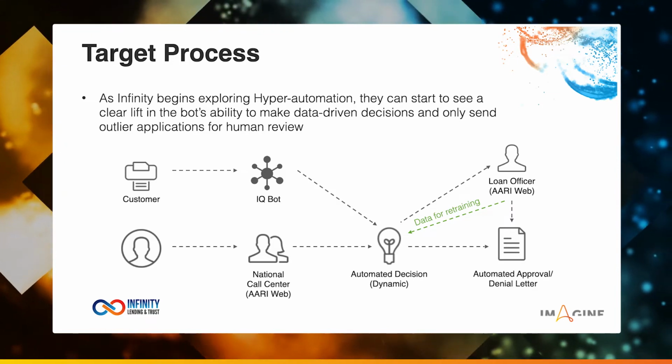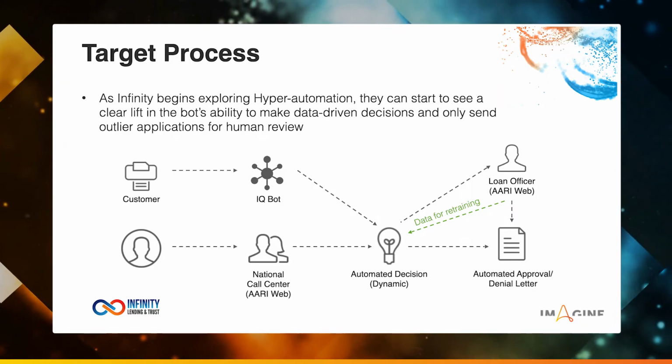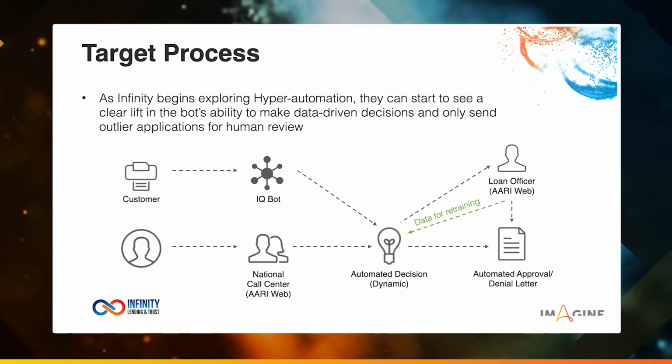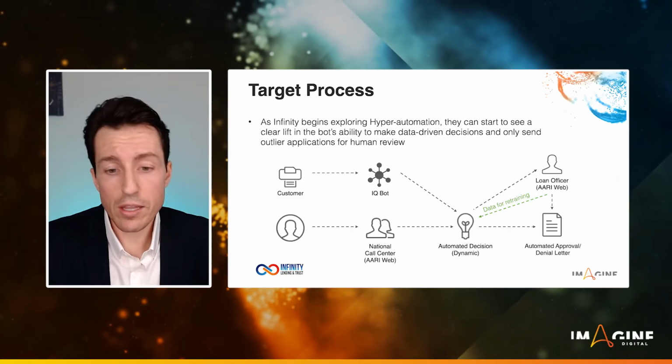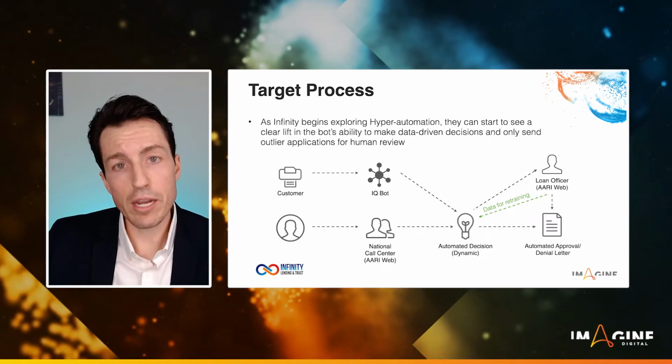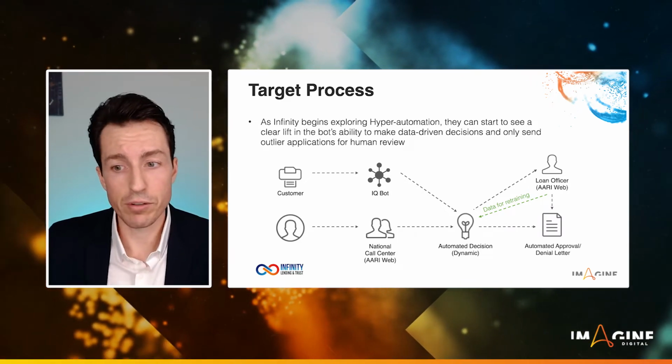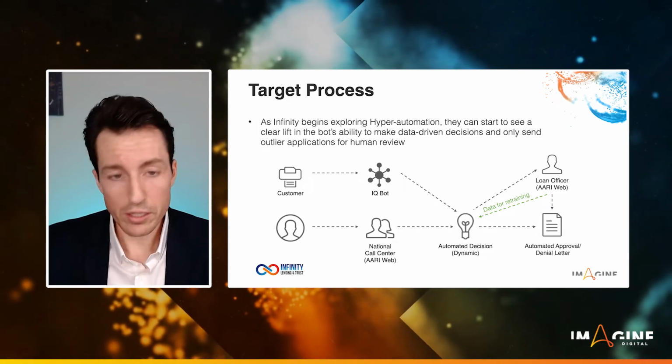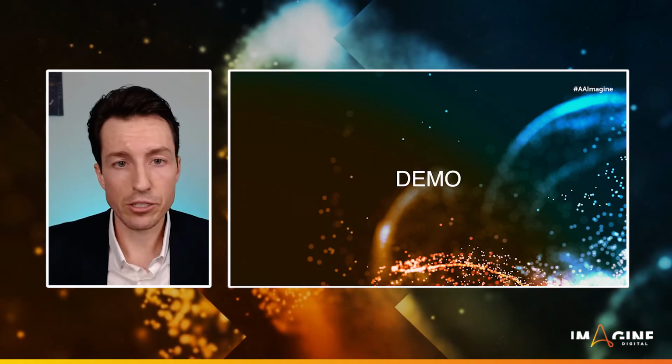So that's going to be yet another data point that we can include in our data set, and we'll retrain and rebuild our model so that the next time a similar loan comes through, the bot has a better chance of making a more sound decision based on the training that it received from that loan officer. Okay? So let's see if we can get this to work in action here.